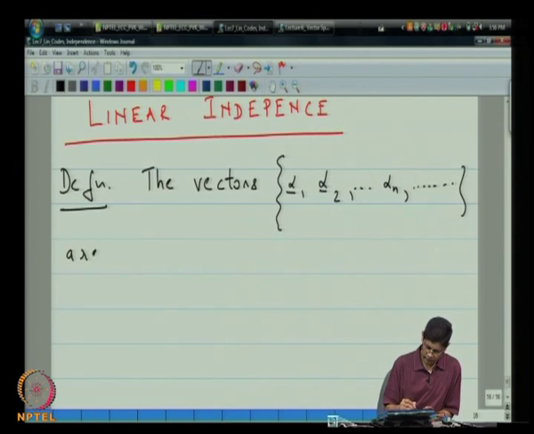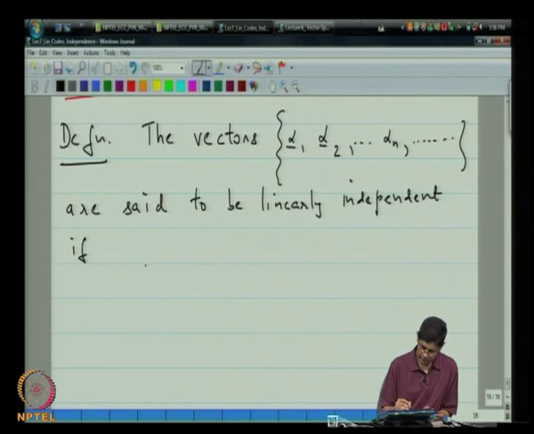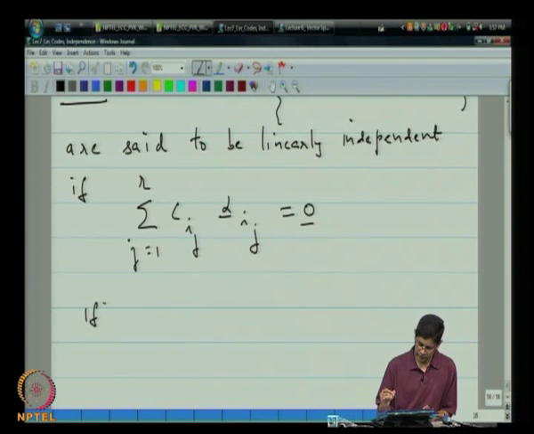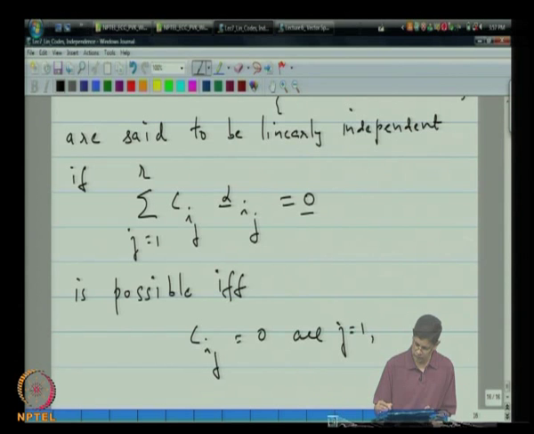Are said to be linearly independent if sigma C i_j alpha i_j, j equals 1 to r, is equal to 0 if and only if it is possible if and only if C i_j is equal to 0 for all j equals 1 to r.